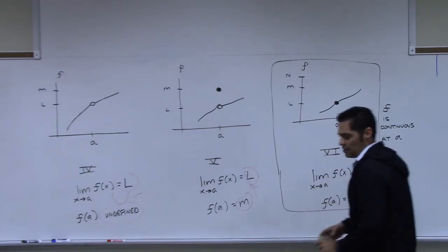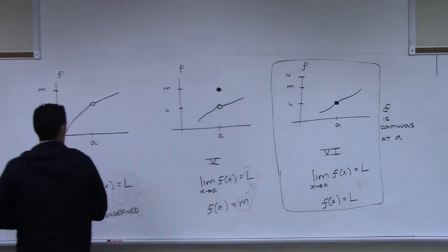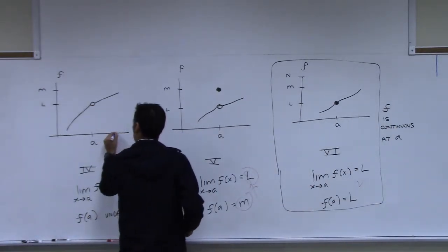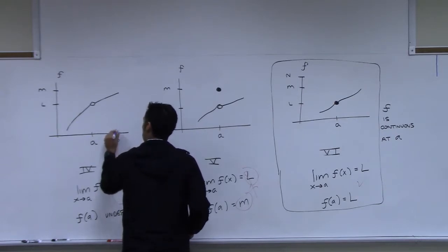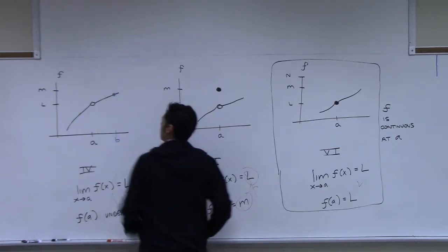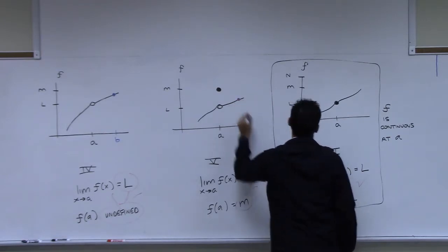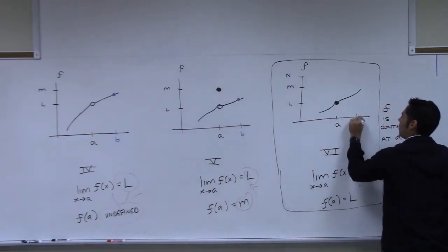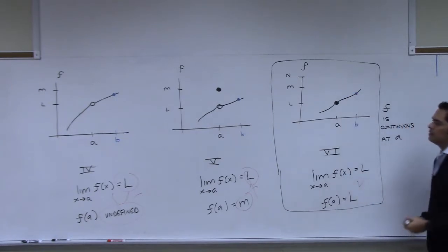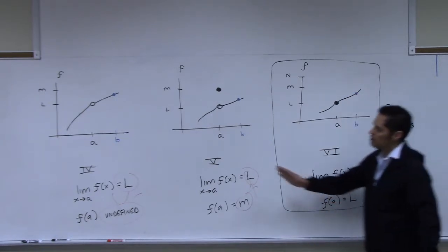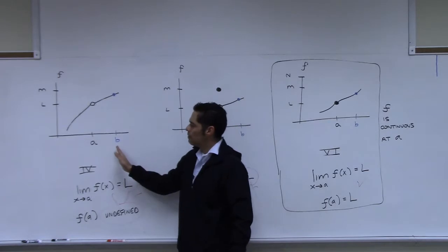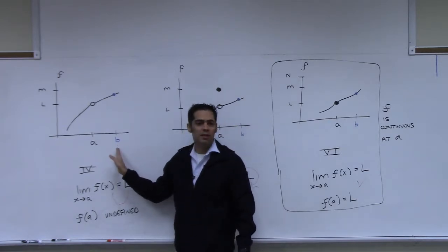Now, while I've got this up here, I'm going to put a different point other than a. How about at b? Look at this picture right here. Is this function continuous at b?